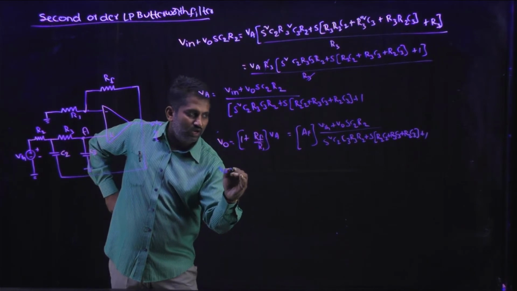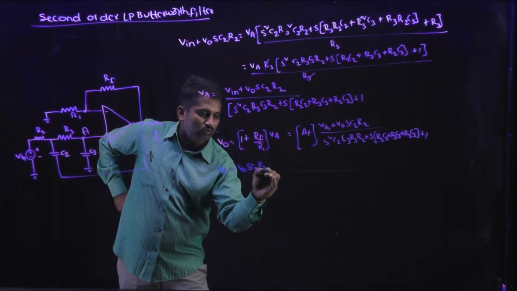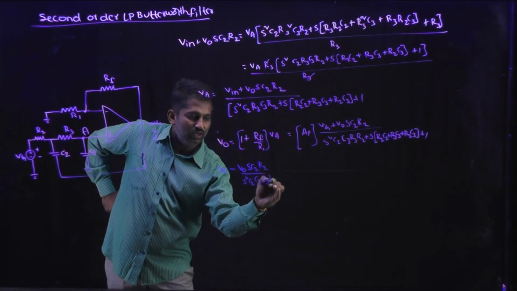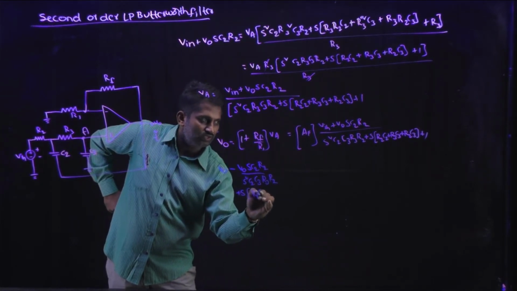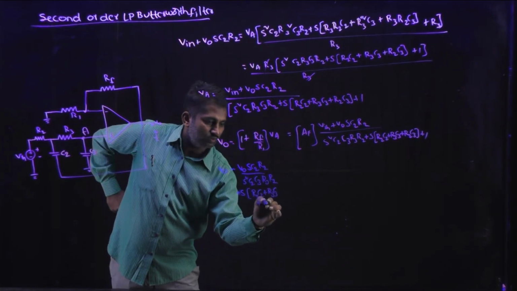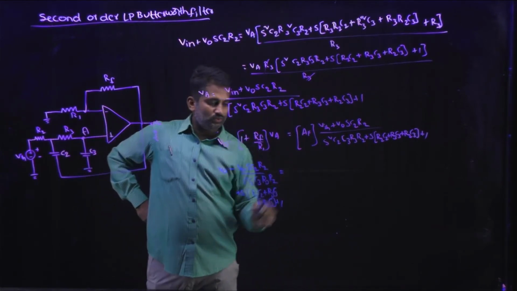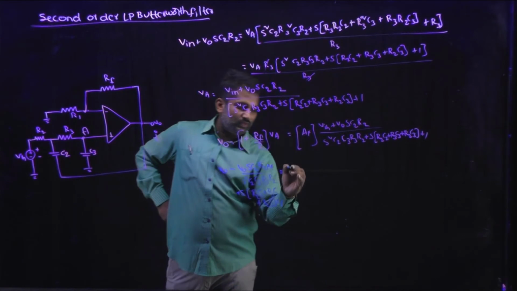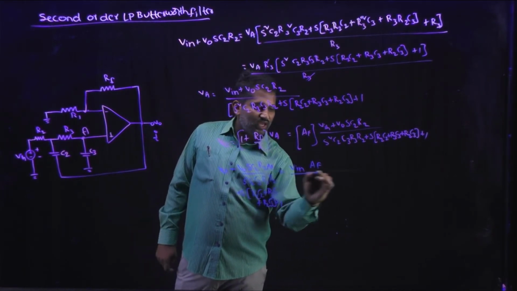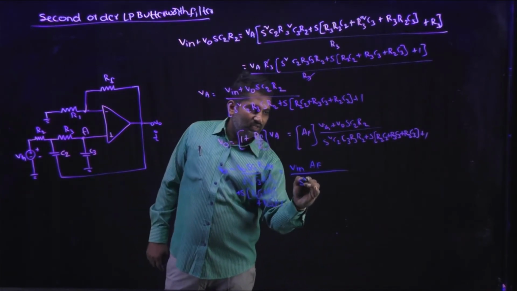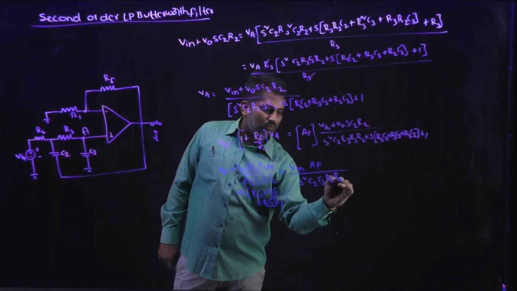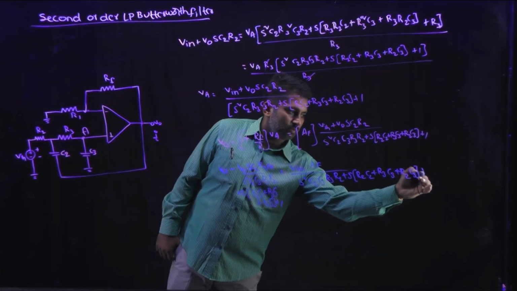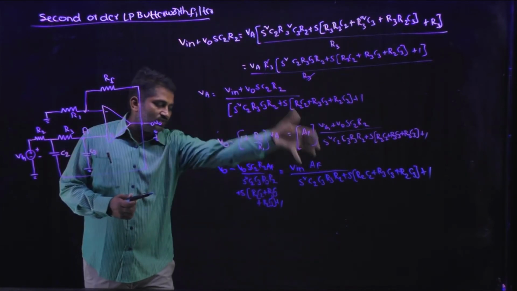So you will get V0 minus V0 SC2 R2 divided by S square C2 C3 R3 R2 plus S into (R2 C2 plus R3 C3 plus R2 C3) plus 1, equal to AF into Vin divided by the whole thing once again: S square C2 C3 R3 R2 plus S into (R2 C2 plus R3 C3 plus R2 C3) plus 1.